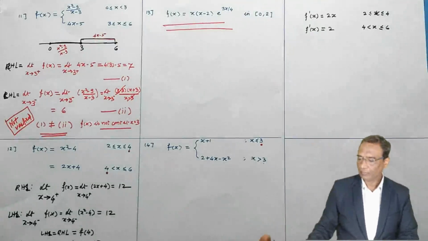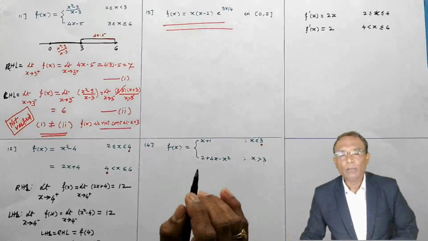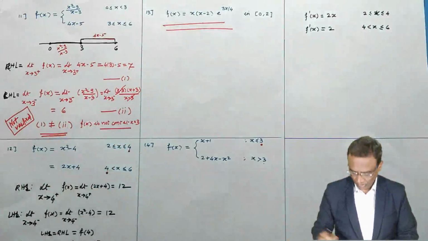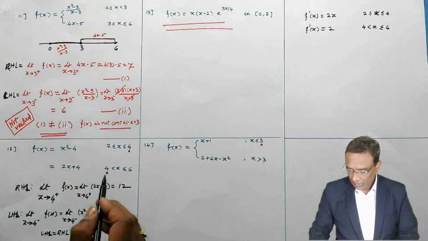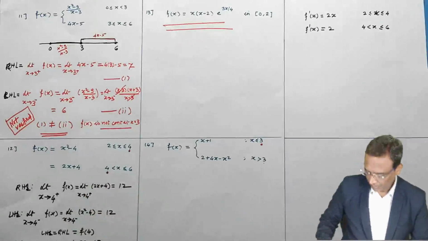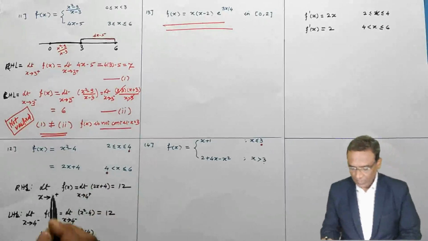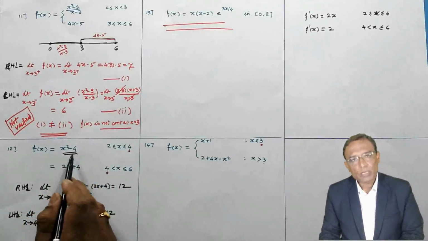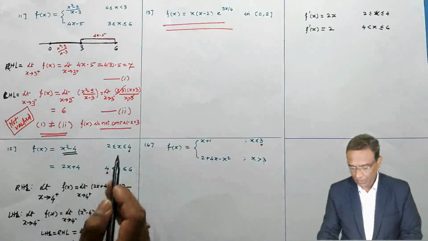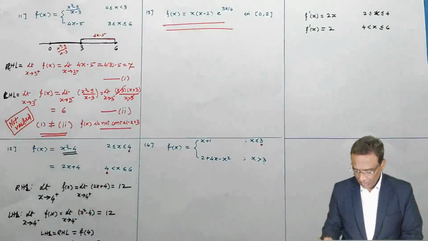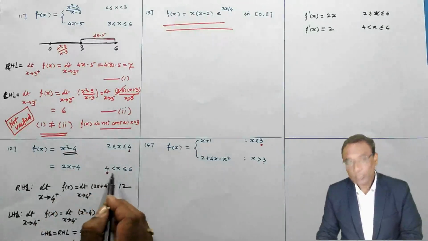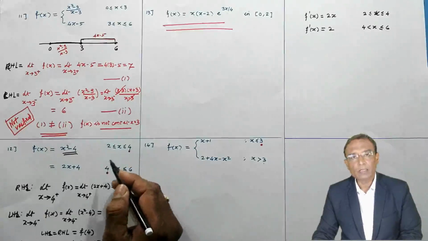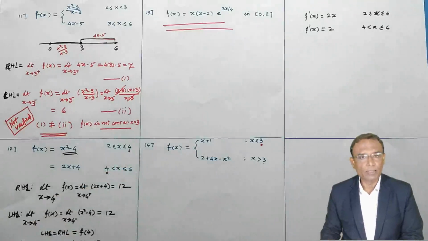Now the differentiability of the function at x equal to 4. The function is continuous in the closed interval, that we have done. See, this is a polynomial function, so it is always continuous in this interval. But at x equal to 4, the transition point, I check the continuity.